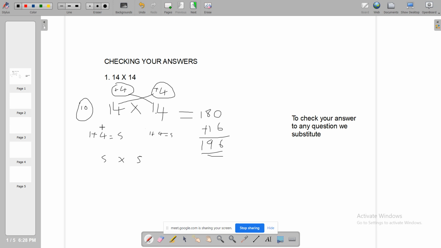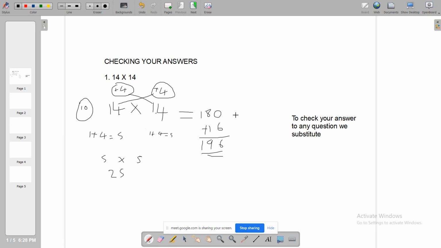So when I multiply 5 times 5, it will give me what? Who can tell me? 5 times 5 is what? 25. Okay, so 25 is also having 2 digits.